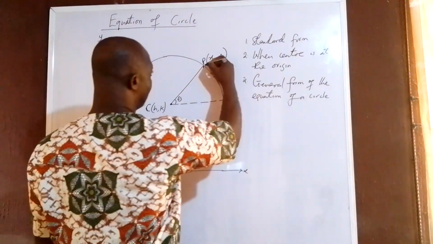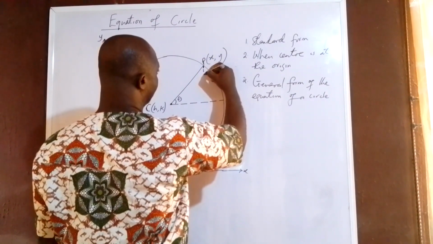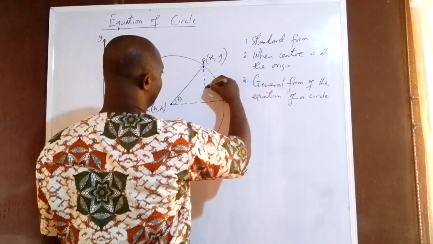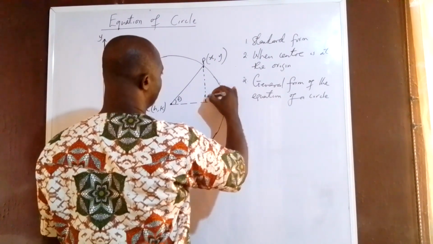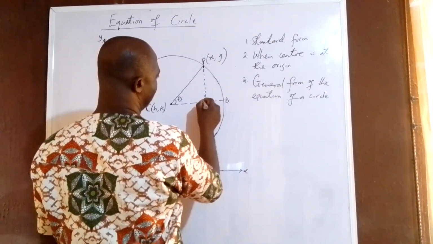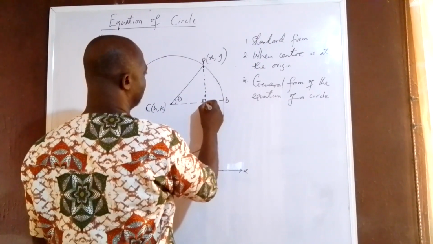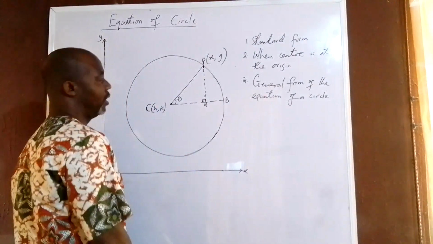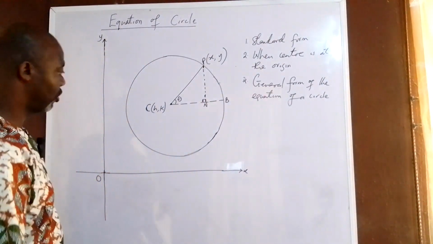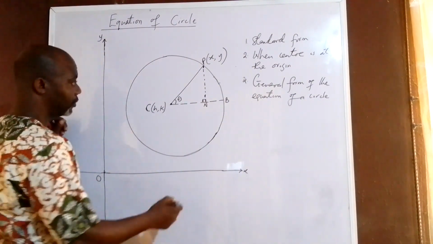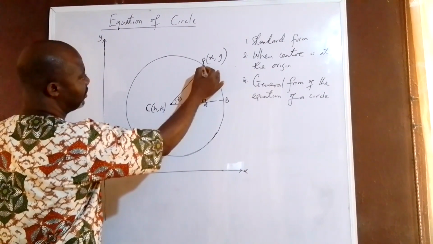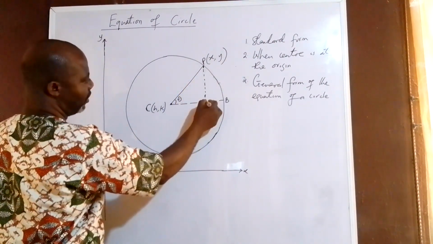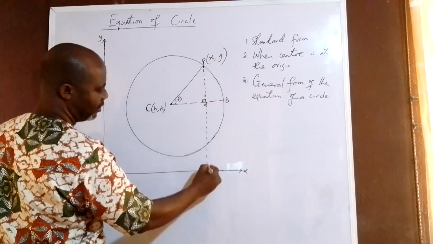Then from point P, I'm going to draw a line that is perpendicular to line CB or BC. So we have this angle 90 here. I'm going to call this N. This is point X, so I will extend this line.